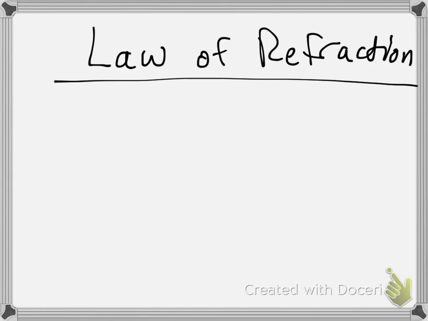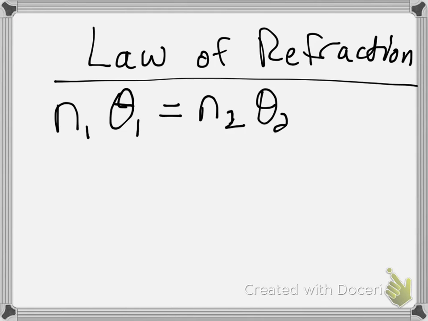The law of refraction says that whatever my initial index of refraction is, times the angle that my light beam makes with respect to the normal, will be equal to the second index of refraction times the angle that the beam then makes with the normal.